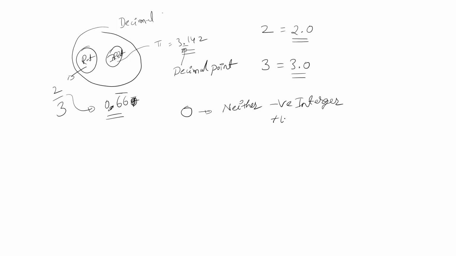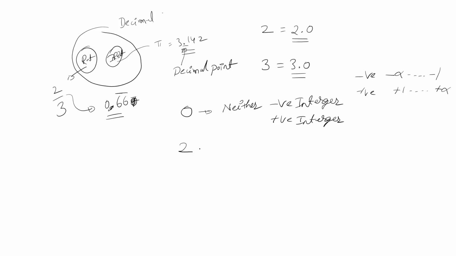Keep it in mind. What is a negative integer? Negative integers are minus infinity to minus 1. And positive integers are plus 1 to plus infinity. These are the positive and negative integers.